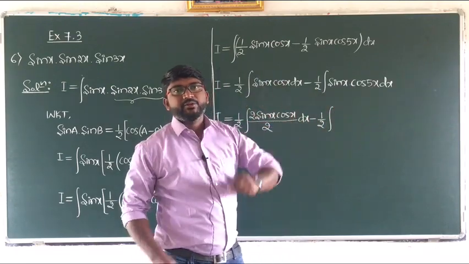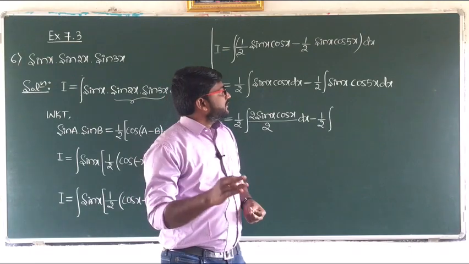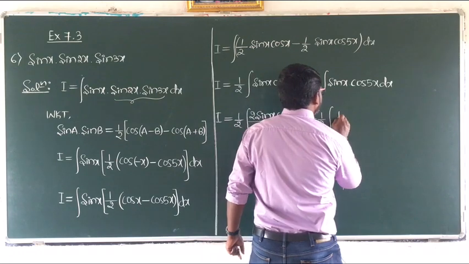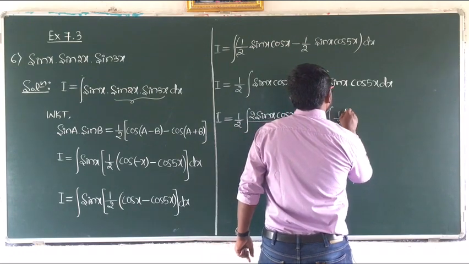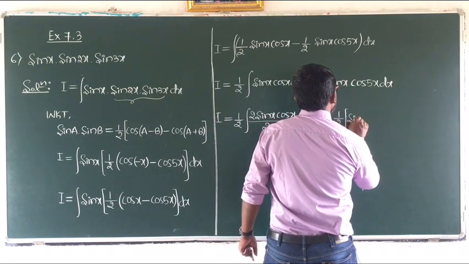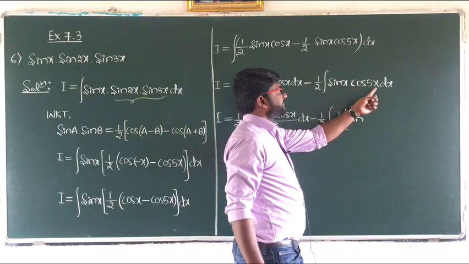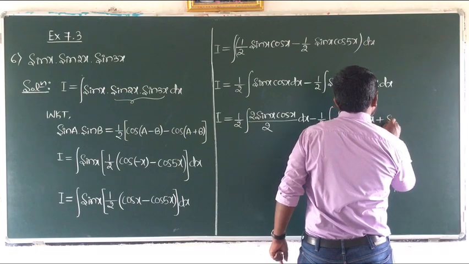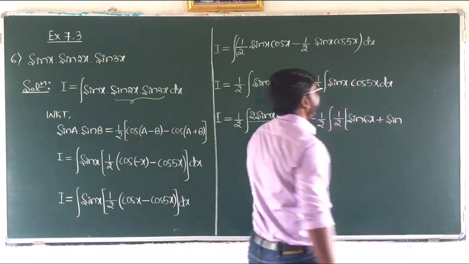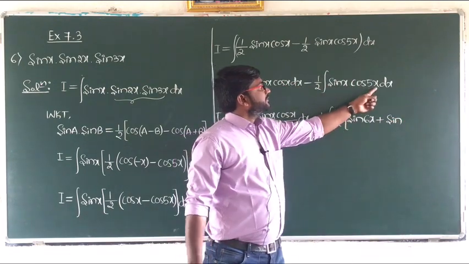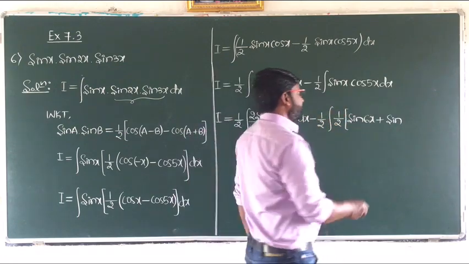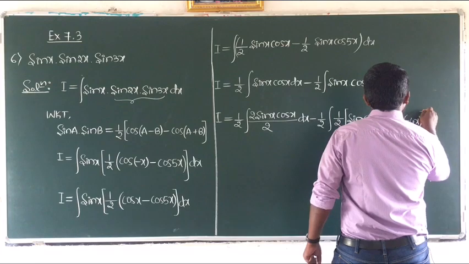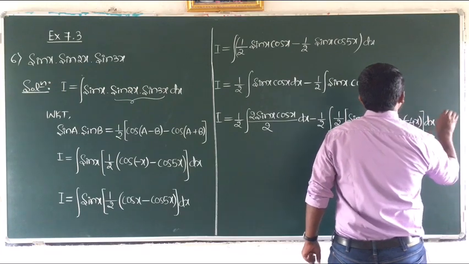What is sin A into cos B? 1 by 2 sin of A plus B plus sin of A minus B. So 1 by 2 sin of A plus B, x plus 5x will be 6x, plus sin of A minus B, x minus 5x will be minus 4x. We get sin of minus 4x, close the square bracket and then write dx.